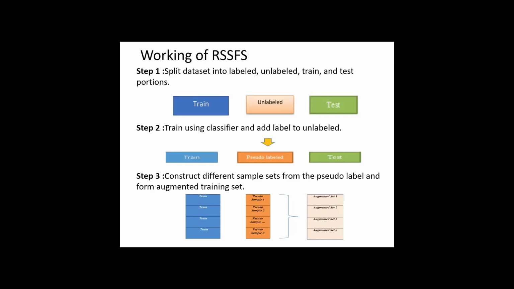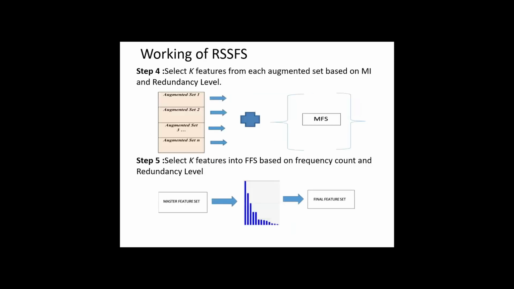The concept of augmented learning that we saw in the title is this augmented set. Now, these augmented sets are generated in every iteration; we run n iterations, and in practical cases it was close to 100. From every iteration we got different feature sets, and finally we clubbed these into a master feature set, that is the MFS.